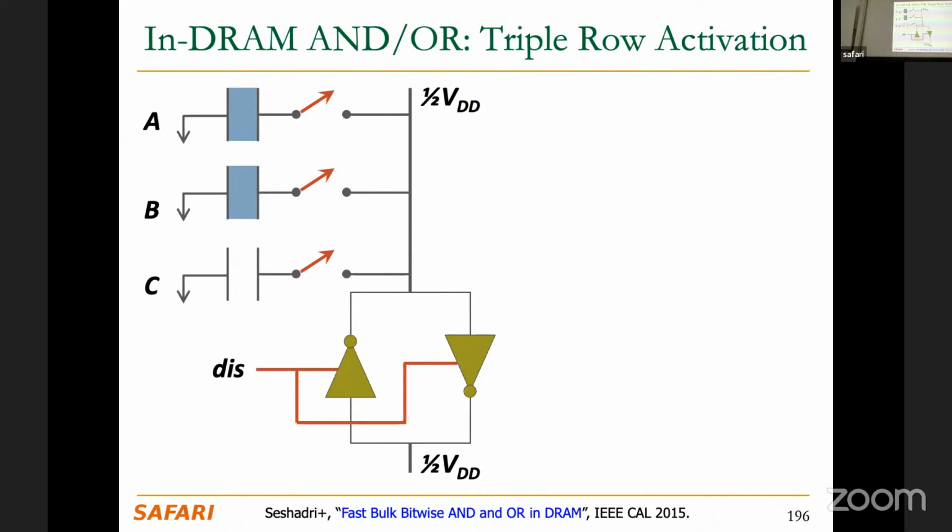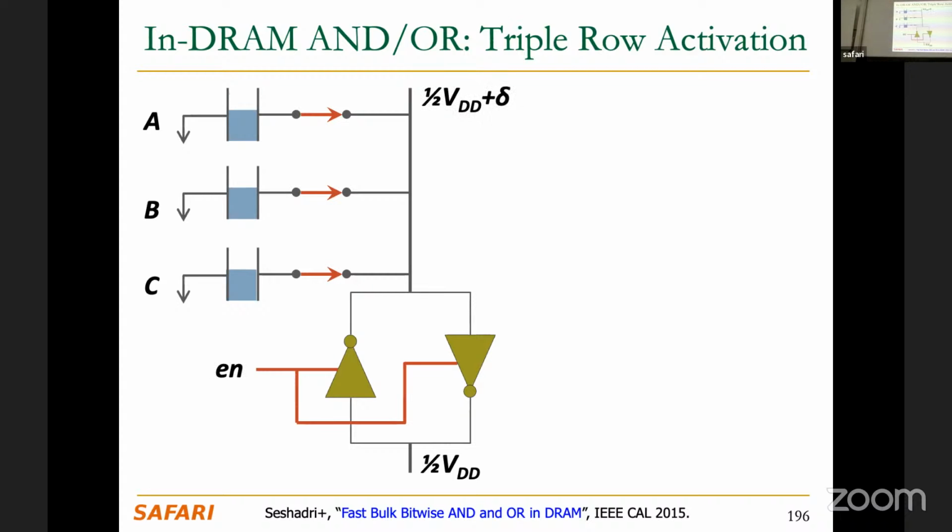The way these Boolean operations are done inside the DRAM chip is basically that we activate 3 DRAM rows at the same time. When you do that, all of the DRAM cells from those 3 rows simultaneously perturb the bitline. The sense amplifier that we have over here is a differential circuit, which is going to amplify the voltage level to the majority of the voltage levels stored in the 3 DRAM cells involved during the triple row activation.